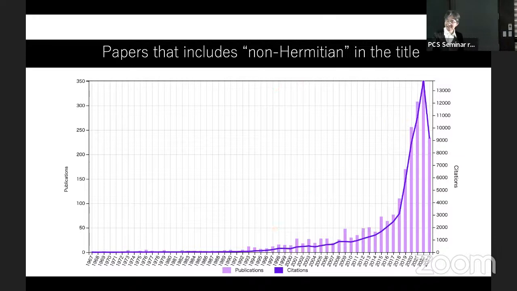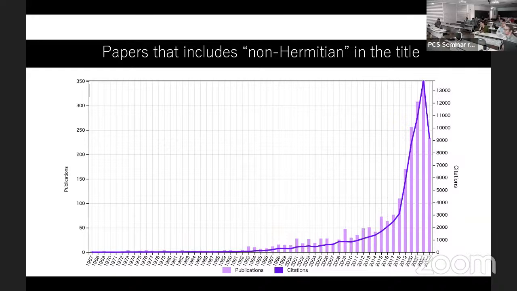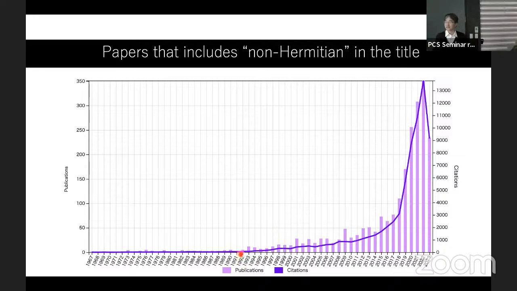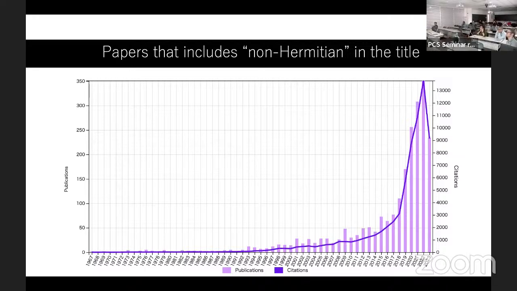Around here is the Hatano-Nelson model, 1996, but it didn't catch many interest. But now the number of publications is increasing, partly because of the topological things. Non-Hermitian physics also shows topological transition. And that is why the number of papers suddenly increased around 2017.